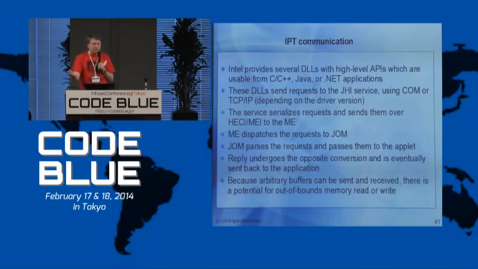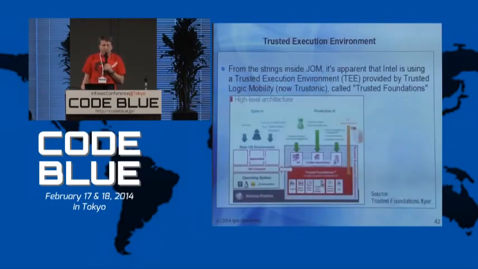It goes over PCI to the service. The service unpacks the packets and passes them back to the DLL, to the application. And this protocol allows you to send various sized buffers. So in theory, there may be a missing out-of-bounds check somewhere that would allow us to read or write memory, but I have not found one yet, but I'm working on it.